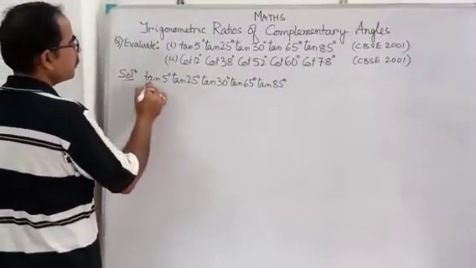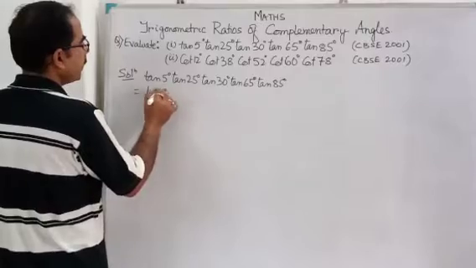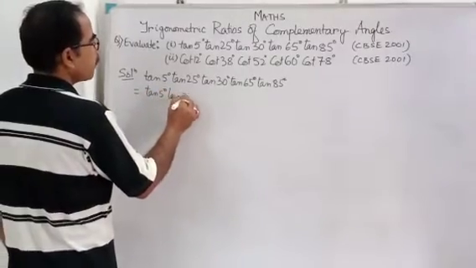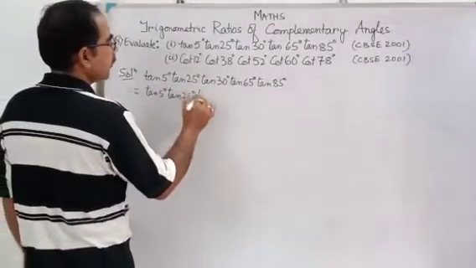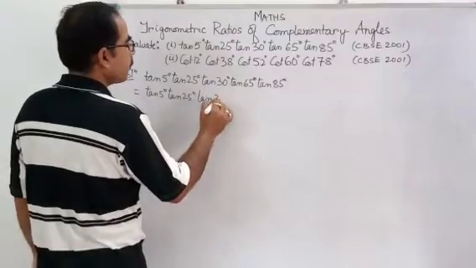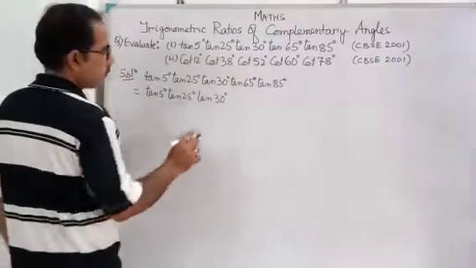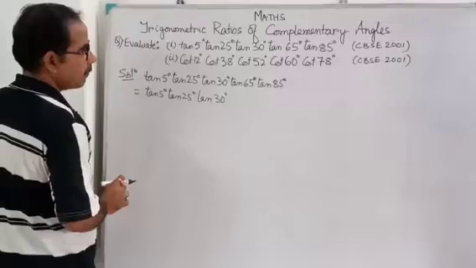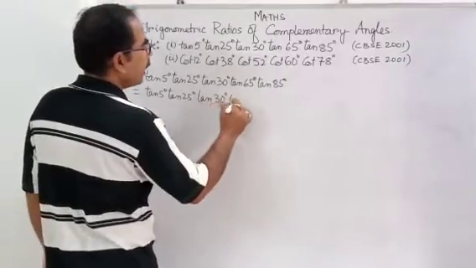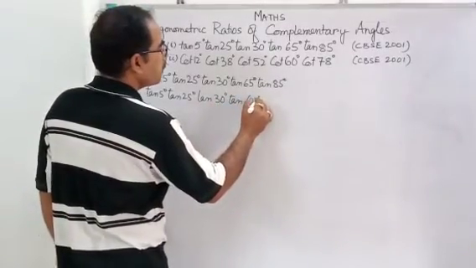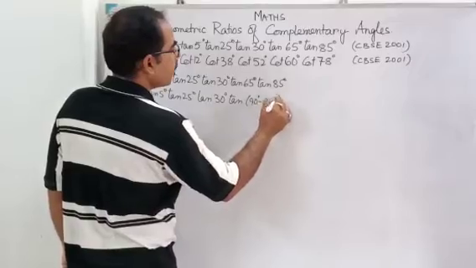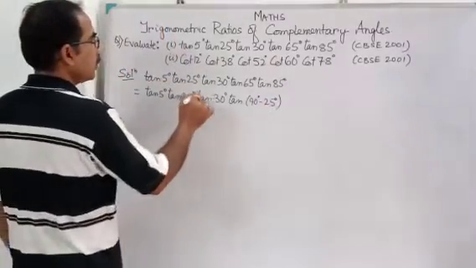So that is equal to tan 5 degree, keep it as it is. Tan 25 degree, keep this one also as it is. Tan 30 degree, we know the value, afterwards we will utilize it. Now tan 65 degree can be written as tan 90 minus 25 degree. Yes or no?